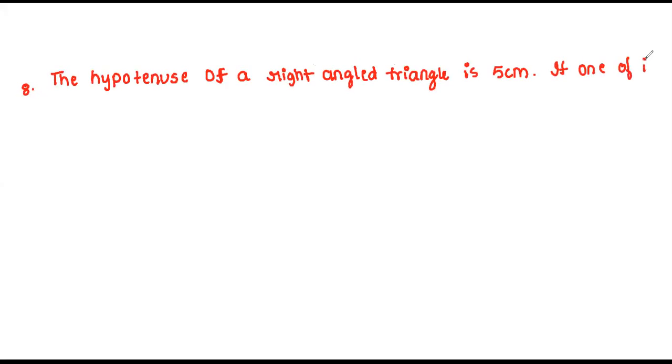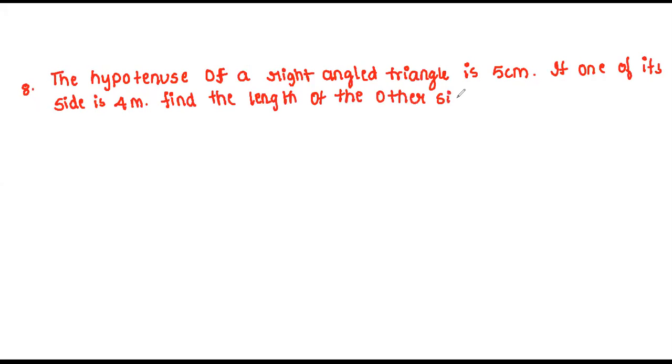If one of the sides of this right angled triangle is 4 meter, find the length of the other side. Yeah, this is your question.